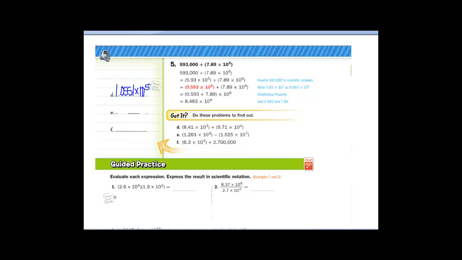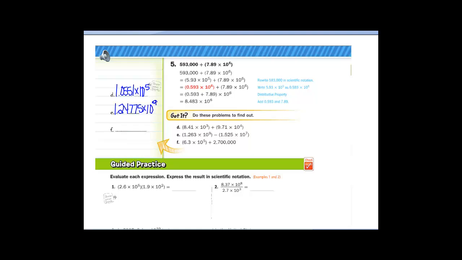For E, 1.24775 times 10 to the 9th. Well, they really got some long, ugly decimals up here in the front, but come on, make a 9, baby, make a 9. Okay.